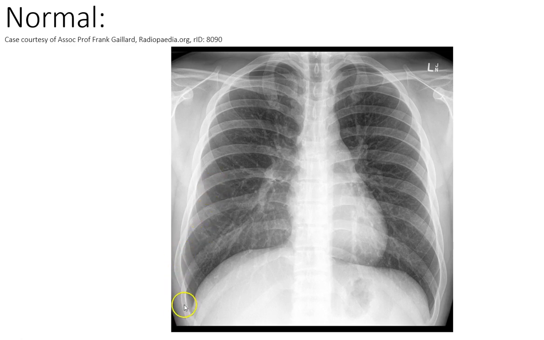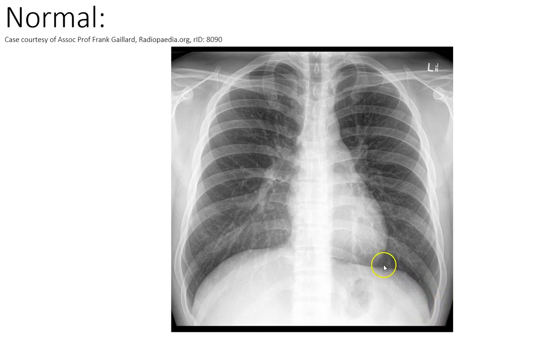When I come down to the edge, I'm just looking to make sure this angle, the costophrenic angle, is nice and crisp and clear, that the hemidiaphragm is lovely and crisp. I can see that border really well. This cardiophrenic angle is nice and crisp and clear, and the same on the other side. This hemidiaphragm is really crisp and clear.